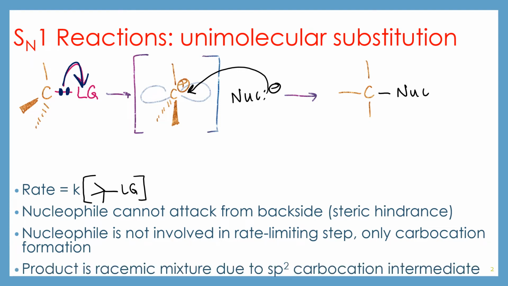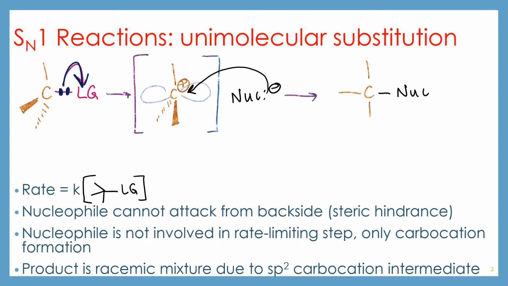The product is a racemic mixture due to the sp2 carbocation intermediate. So in our SN2 reactions, we saw that stereochemistry was inverted. In an SN1 reaction, you're going to end up with a mix of two enantiomers or possibly diastereomers, depending on how many stereocenters your compound has.